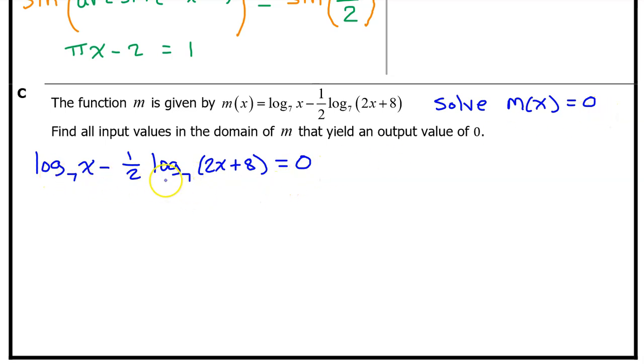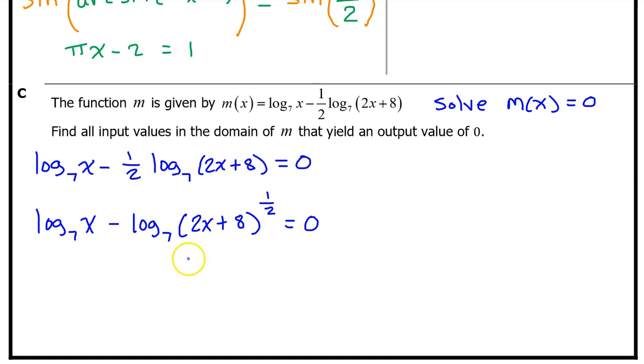Next, let's use the log property that allows us to take this 1/2 and move it to the exponent. Next, let's move this expression to the other side of the equation. We are adding log base 7 of 2x plus 8 to the 1/2 power to both sides. Now we have this.